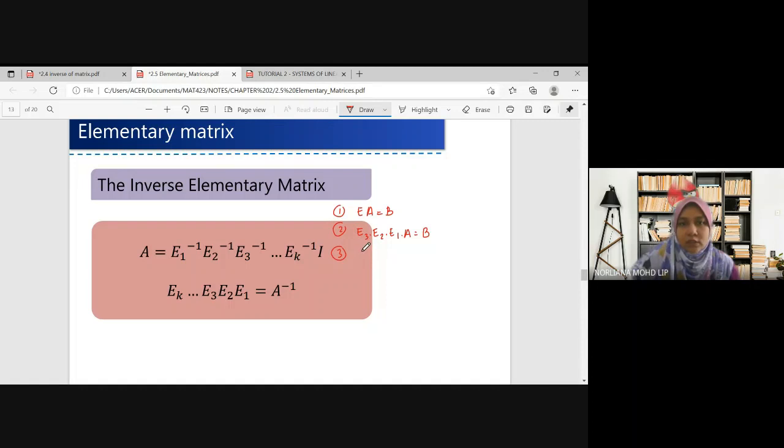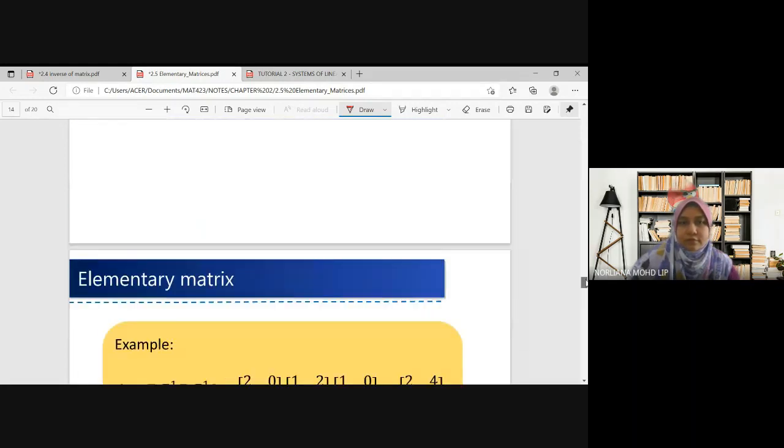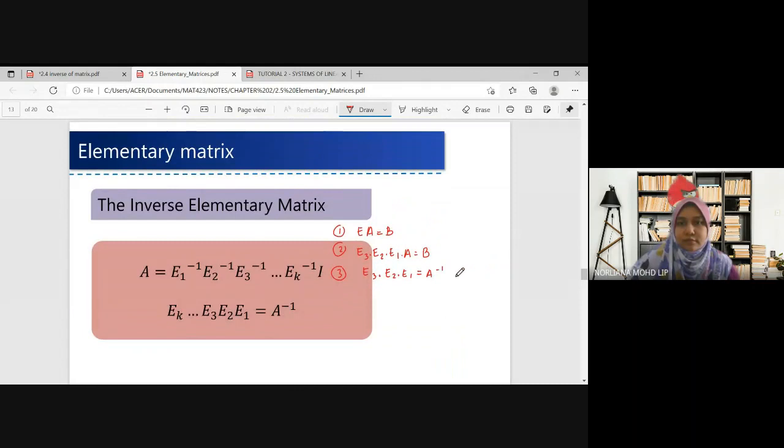So boleh cari E3 times E2 times E1 is equal to the inverse of matrix A. Formula yang ketiga: E3 times E2 times E1 equal to A inverse.